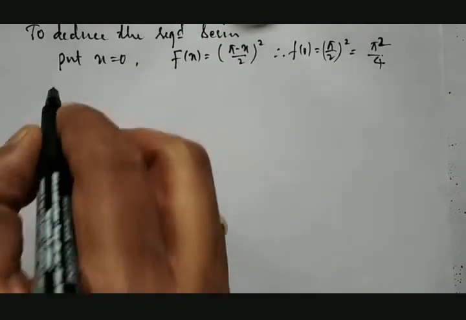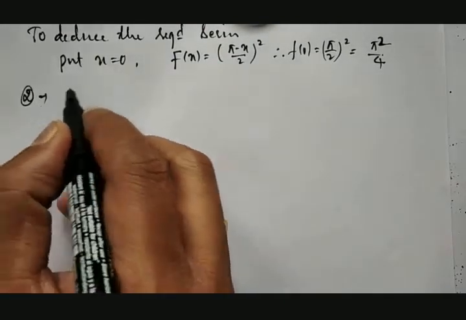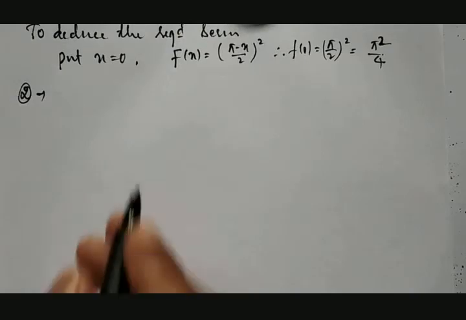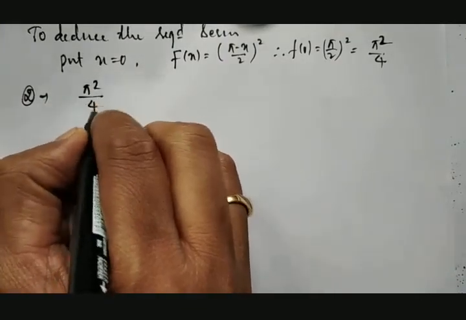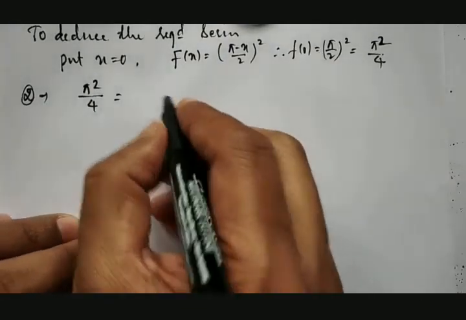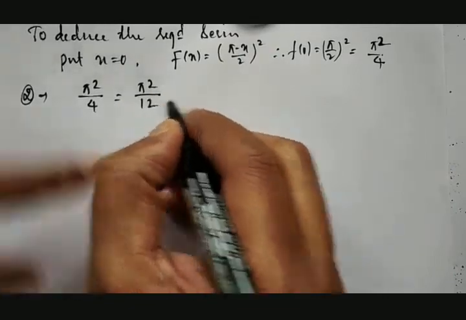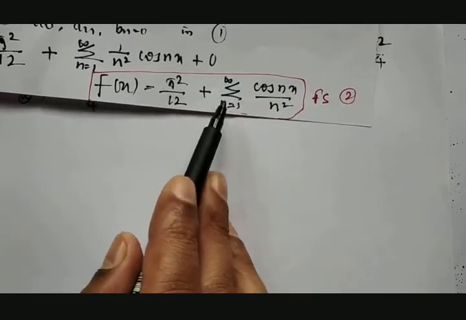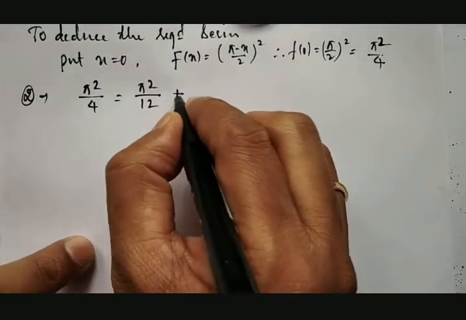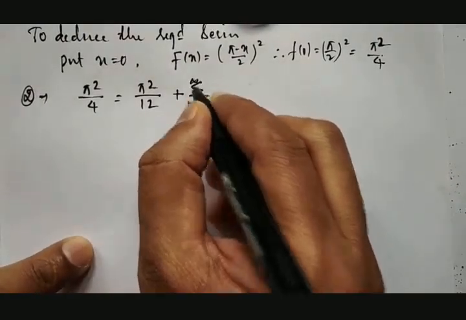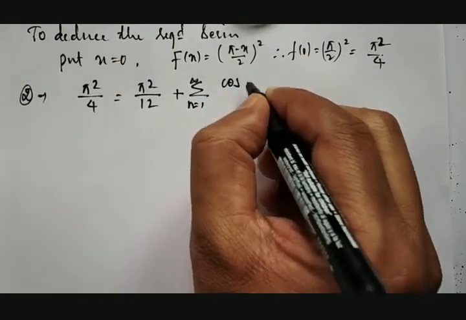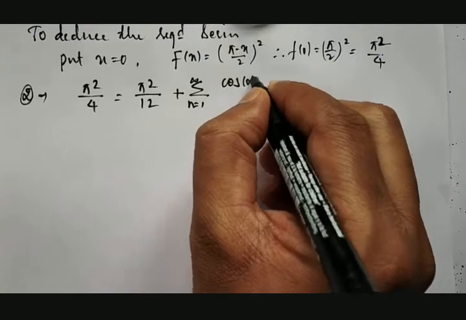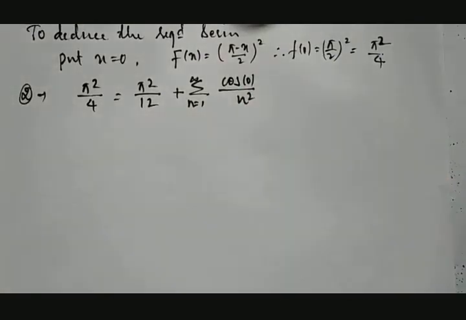Fine. Therefore, equation number 2, which is the Fourier series, becomes f of 0, that is nothing but pi square by 4, which is equal to pi square by 12 plus summation from n is equal to 1 to infinity of cos 0 divided by n square.